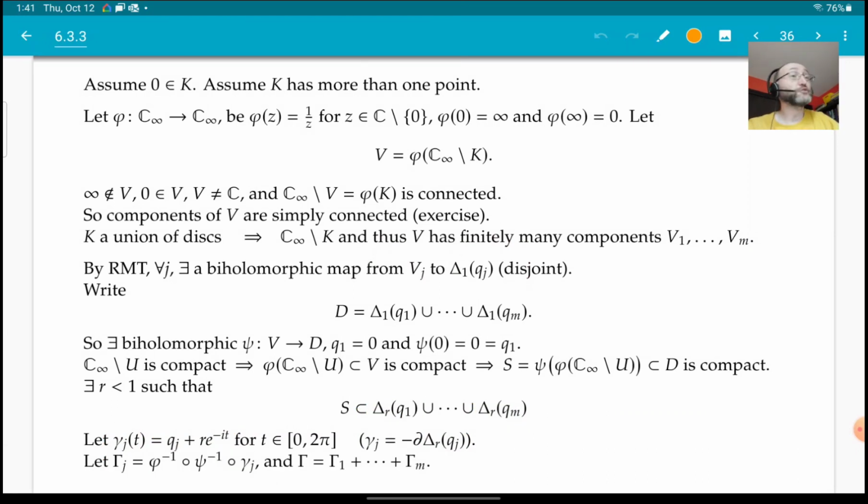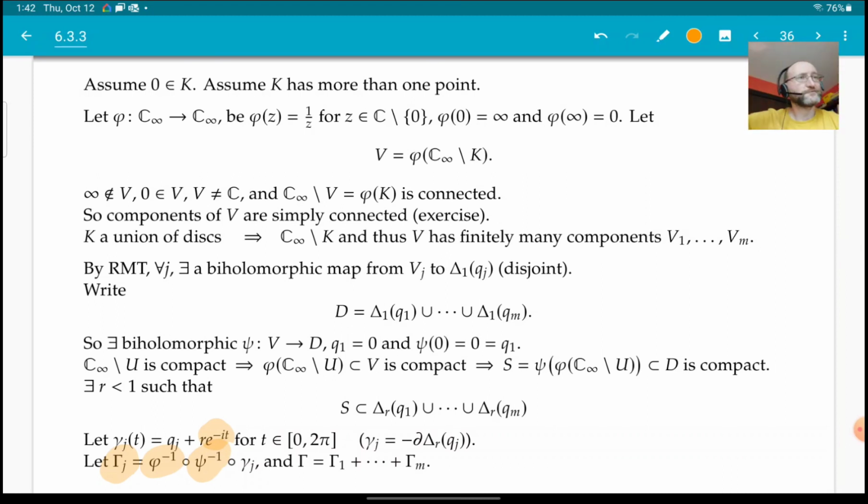Now, by the way, notice that the negative orientation comes in over here, that minus in there. It's going in the negative direction. All right. So let capital gamma J be basically this little gamma J that's in D, and we pull it back by first C and then by phi, to get something that's in the original complex plane.